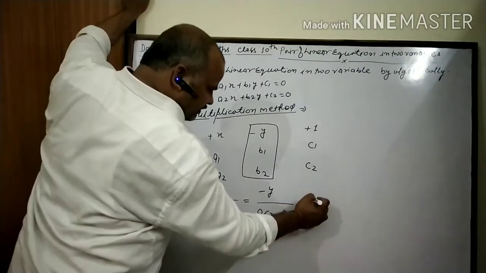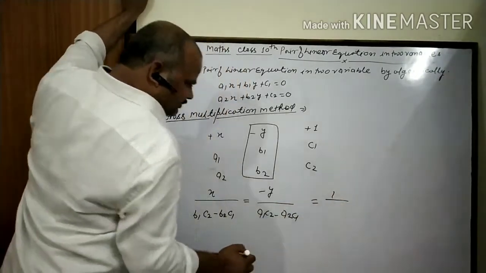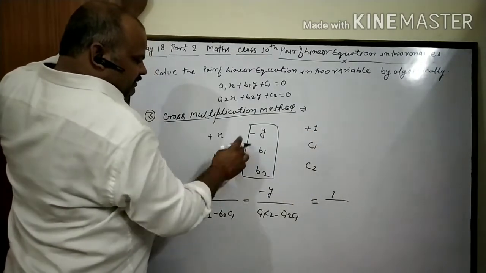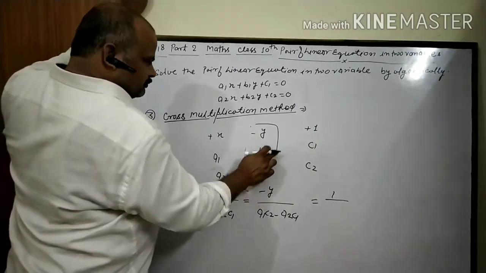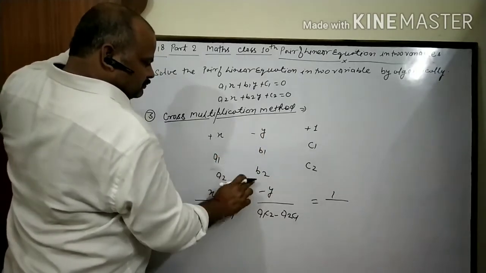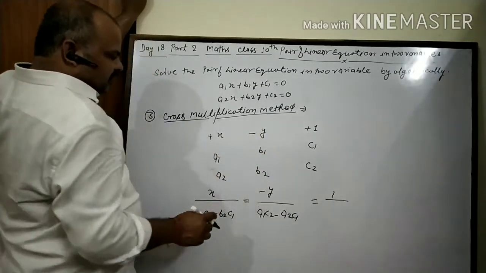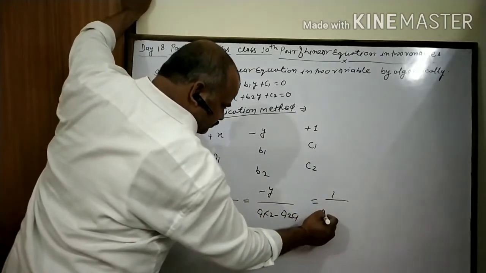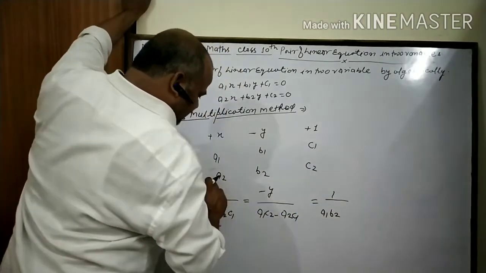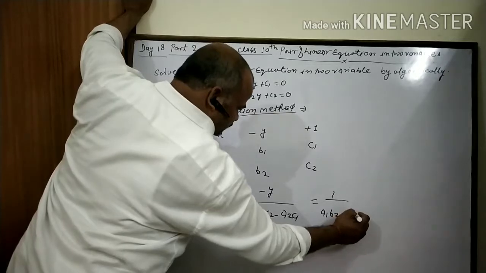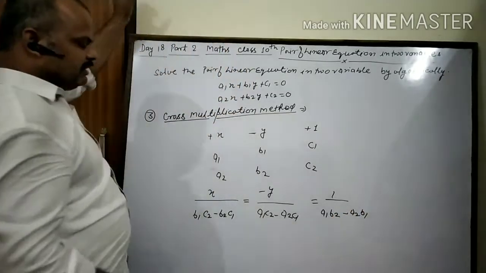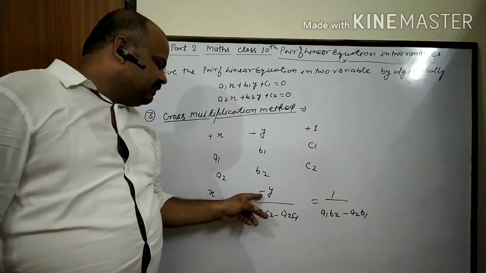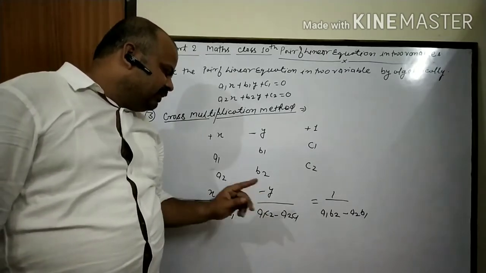And then after that you can write 1 upon, the denominator of 1, we can leave it, then a1 b2 minus a2 b1. Clear?